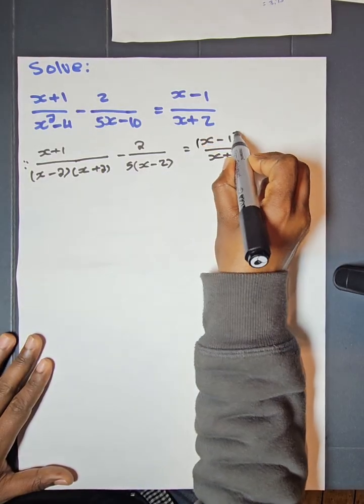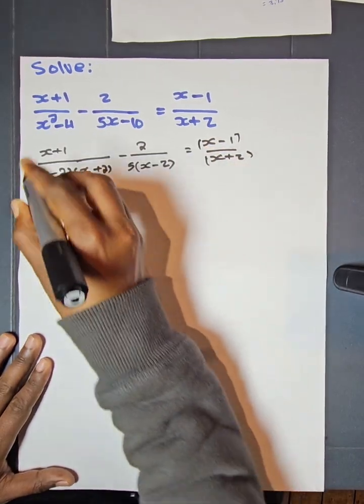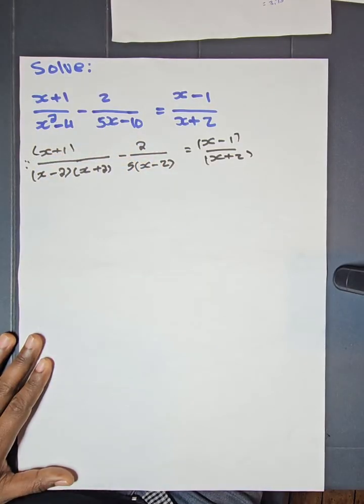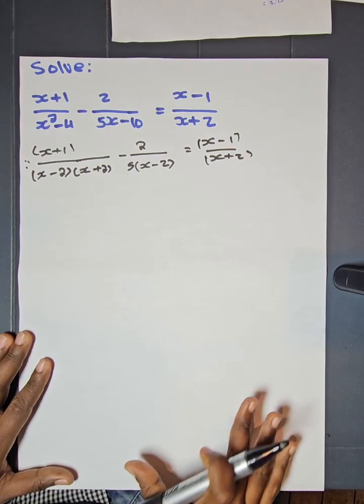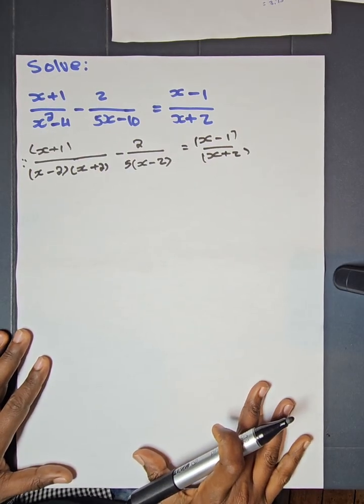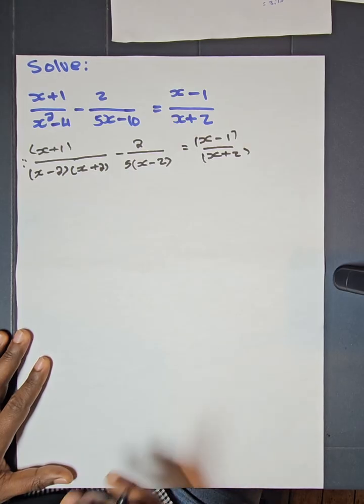Then just put brackets on all your sides. Everywhere we now have one term over one term. Now what we need is to find the LCM of all.